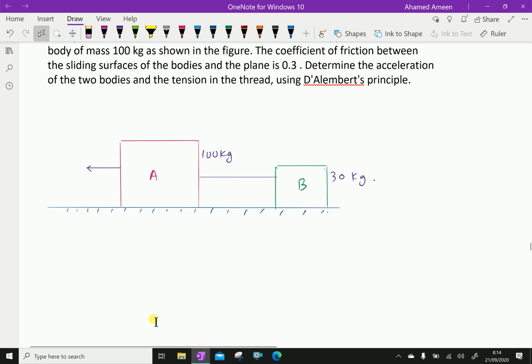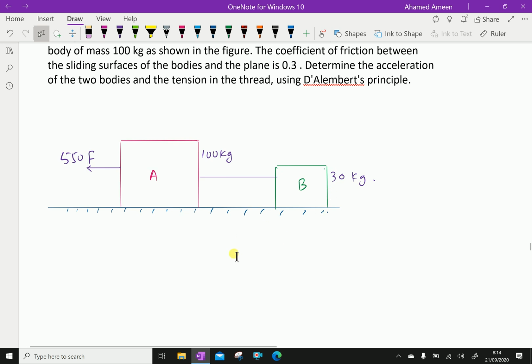Here the 550 Newton force pulls the body A. The mass of the body is 100 kg, and the body B, having 30 kg, is tied with a thread.